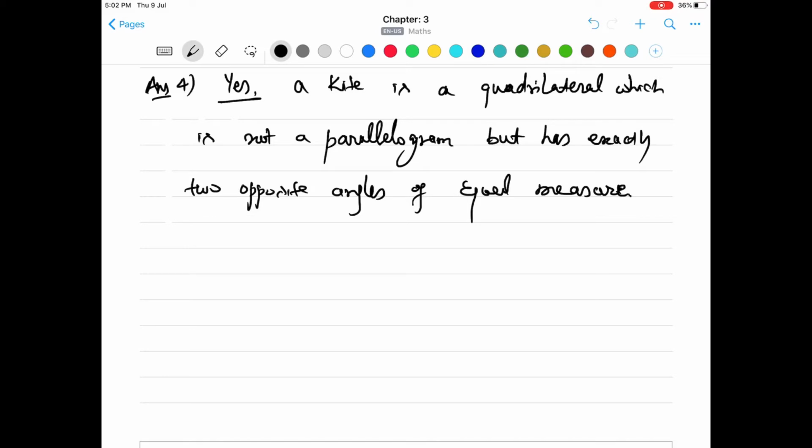You can draw a very neat and clean figure using a pencil and scale. These 2 angles will be equal. Let's name them A, B, C and D. This one is B. That is, angle A is equal to angle C. So that's the case of a kite.